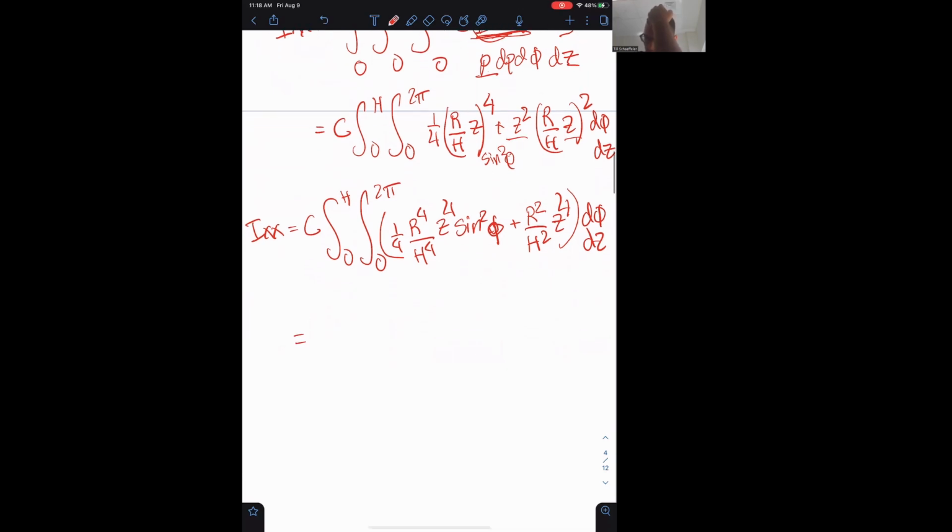Okay, now the next step is to solve the phi integral. The only phi dependence here is the sine squared phi, and the second term doesn't have a phi dependence. So the integral over phi for that term is just going to give us 2 pi, and this term here is going to give us the integral from 0 to 2 pi of sine squared phi d phi, which is just equal to pi.